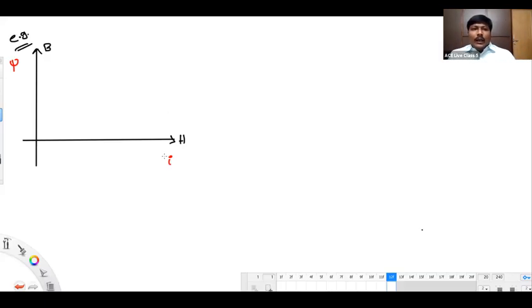Tell me now, how is this BH curve? Is it a linear variation or a non-linear variation? Who will decide whether we are going to get the BH curve as linear or non-linear?